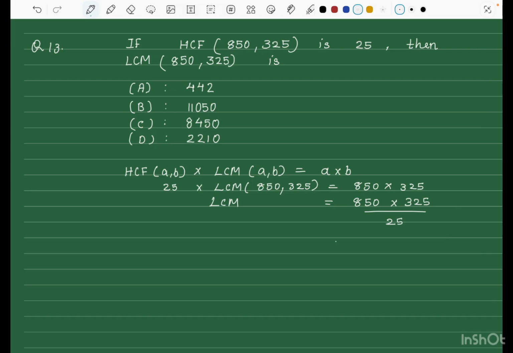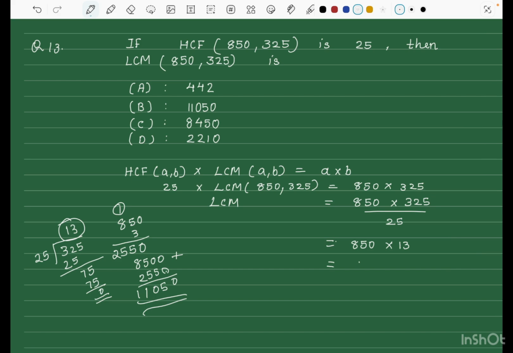In the numerator we have 13, so we can write 850 into 13, that is equal to 11,050. So the answer is B, 11,050.